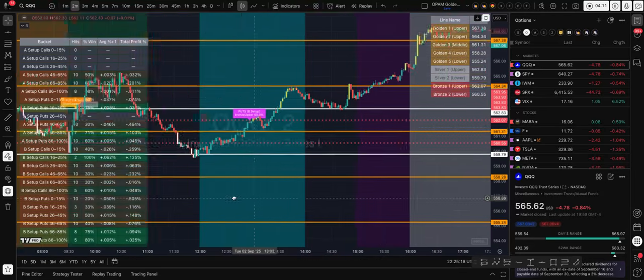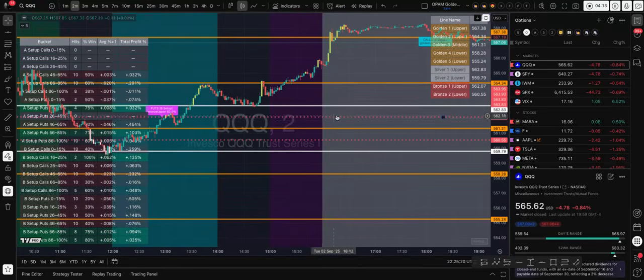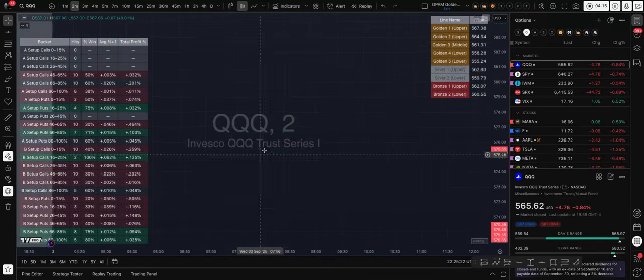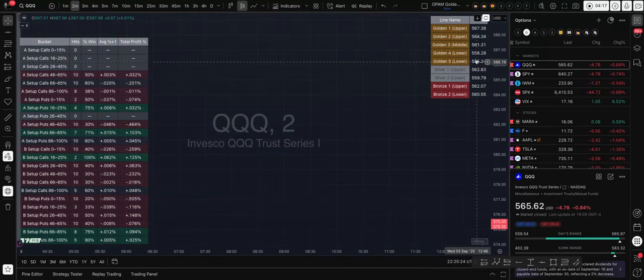All right. So the next thing, before I go through all these signals, I will talk to you guys about this chart here. Now you understand the table on the right corner, which is basically the key component of this indicator. The left corner is the console to show the historical profitability of the signals that are showing up.